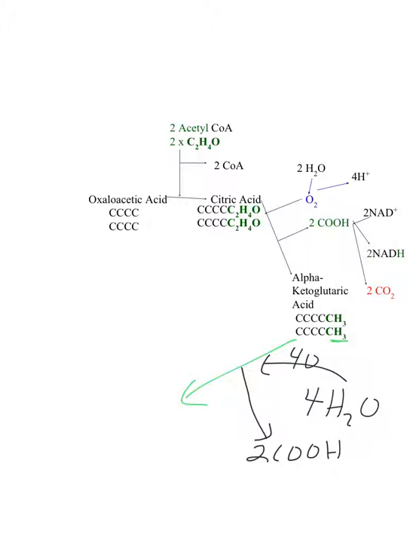And the same thing that happened up here is going to happen down here. We can go ahead and strip this off as a couple of CO2s and hydrogen. Hydrogen gets picked up by NAD. Well, actually, there's 2 hydrogens, right? And 2 NADs to make 2 NADH.